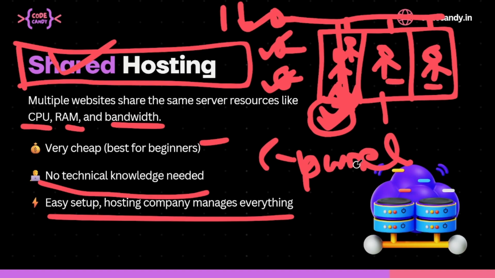From here, the hosting company will display whatever you have designed in your website. That entire content will be displayed. The only work for you is to put your files into cPanel, and the other work is taken care of by the hosting provider itself.